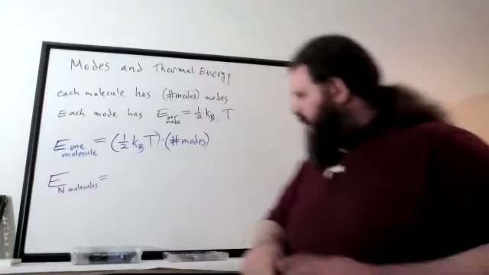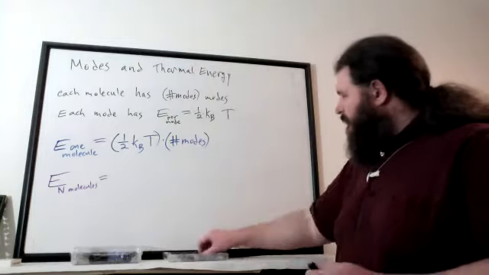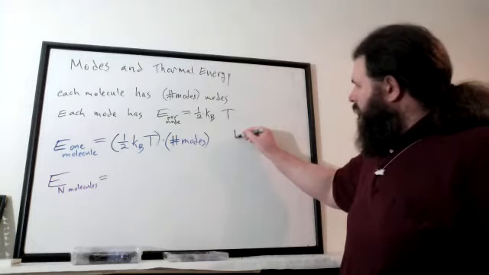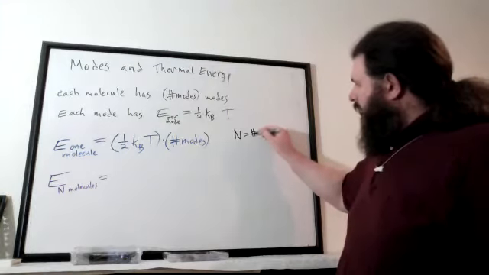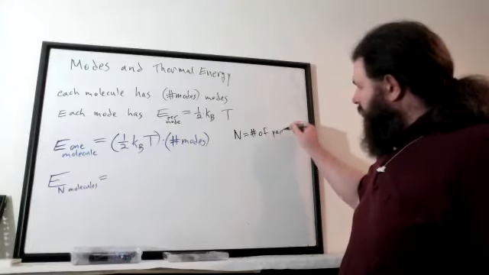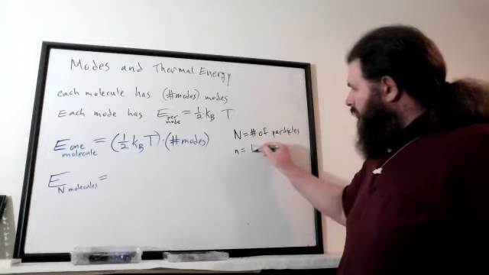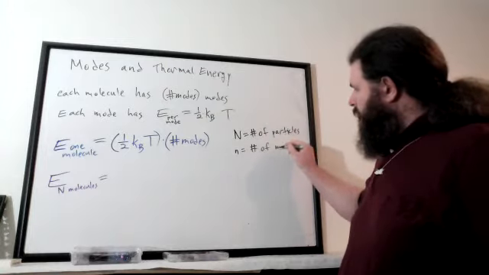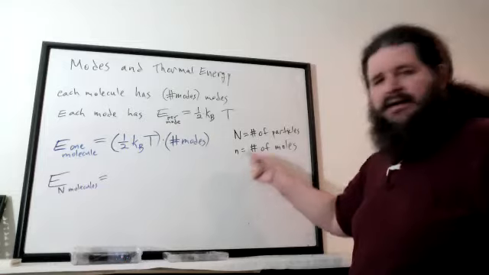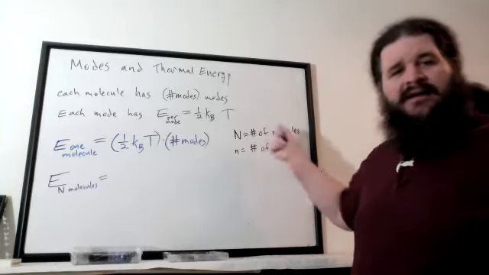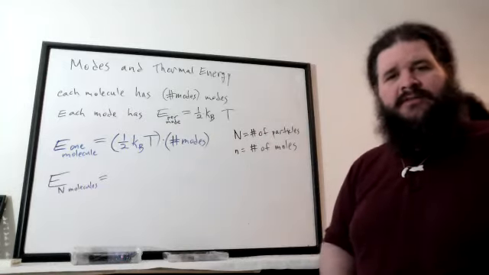Oh, and our usual standard here is we typically use capital N for the number of particles, molecules or atoms or whatever, and lowercase n for the number of moles. So little n, number of moles of the substance, capital N, number of particles in the substance.